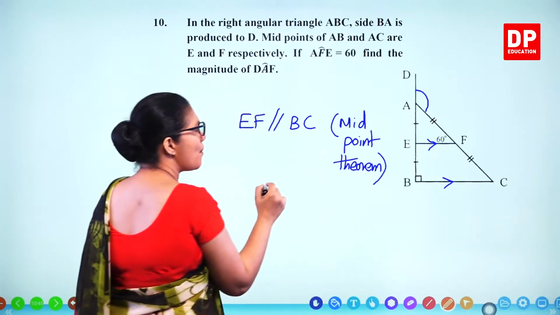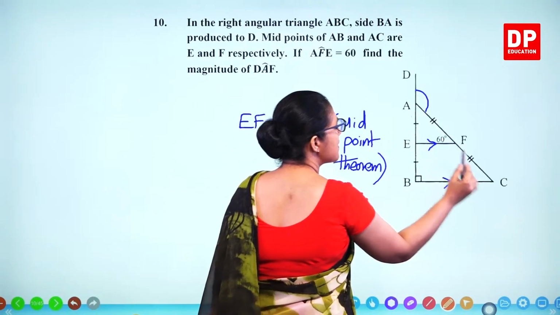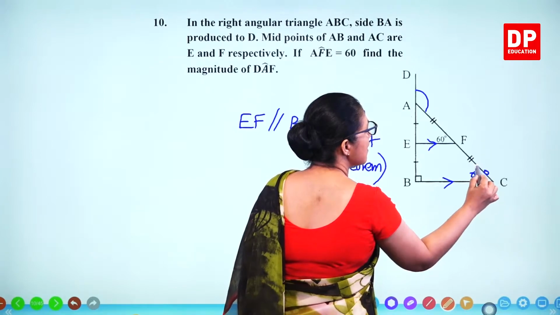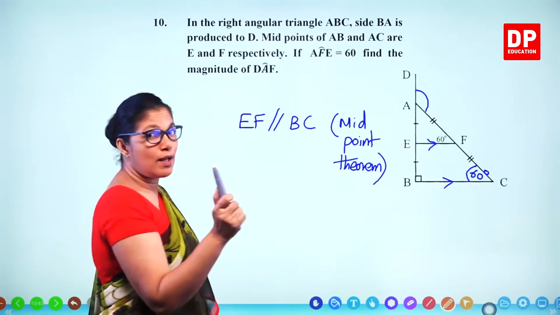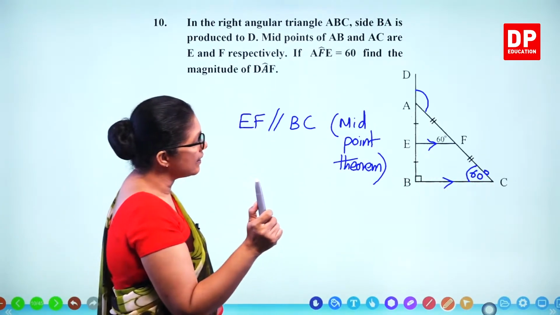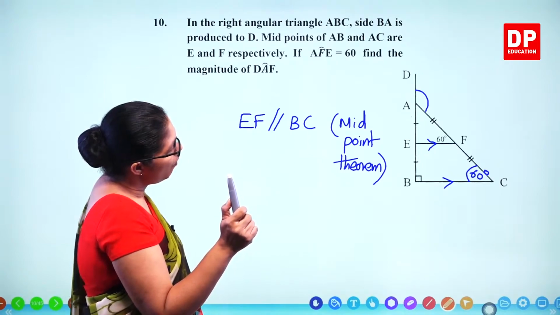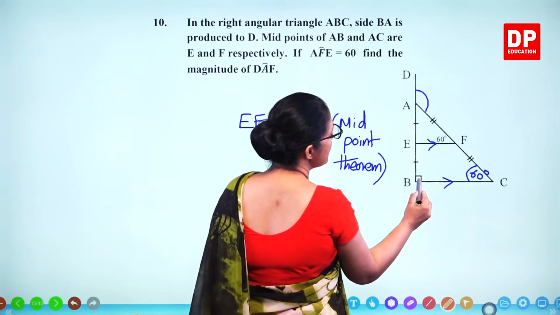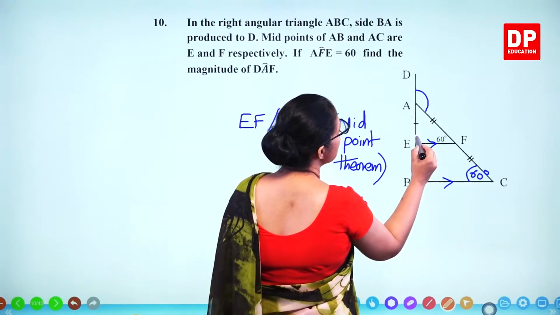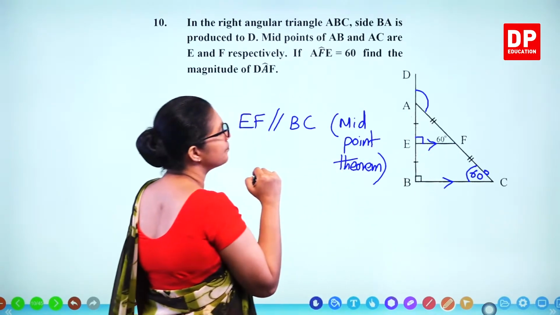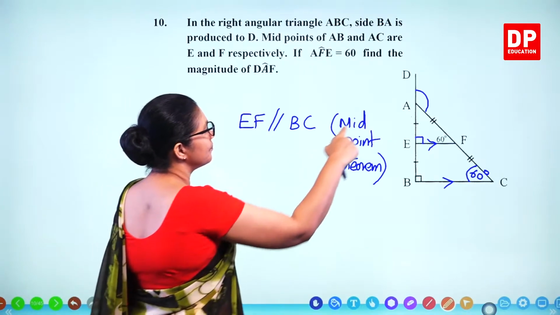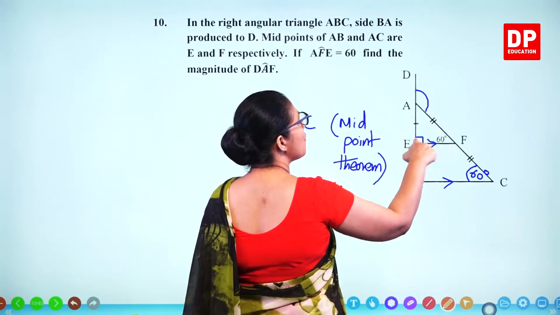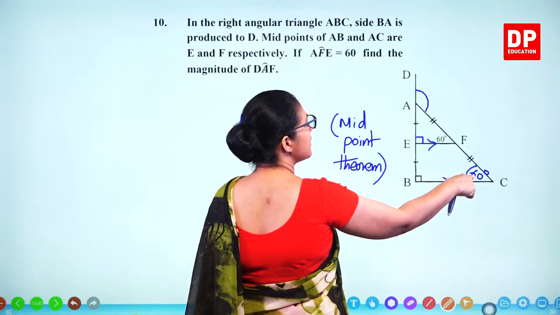Then what can you say about the angles? If this is 60, this is 60. Corresponding angles are equal when the two lines are parallel. Then what is this angle? And here if this is 90, this is 90. So this angle is the sum of these two. So you don't need this angle.